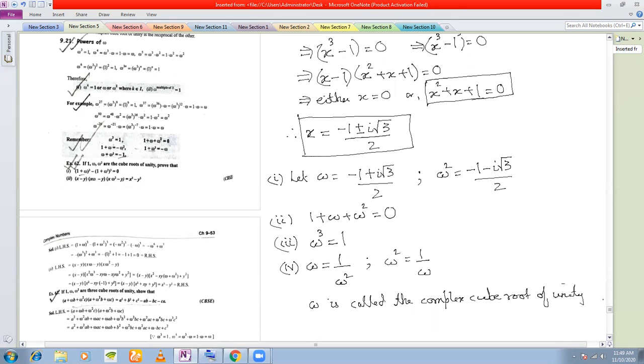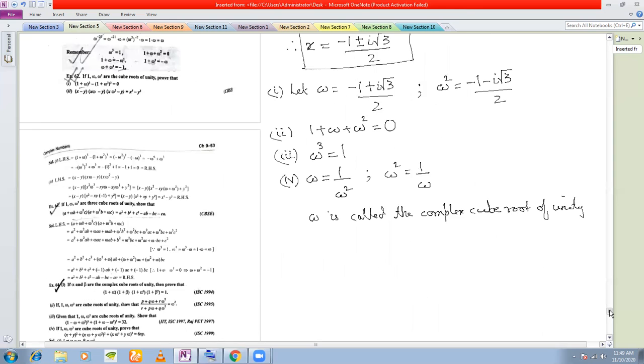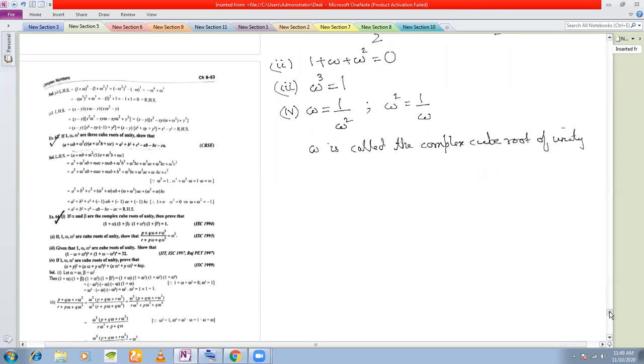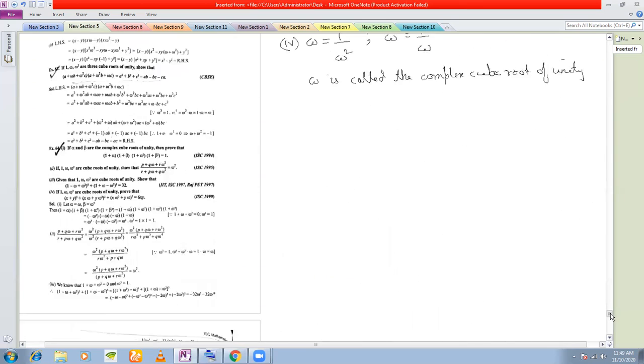Okay. So we are going to use these properties in order to solve some of the problems. So let us see what the problems are here. Look at this very simple problem here, 64 3.